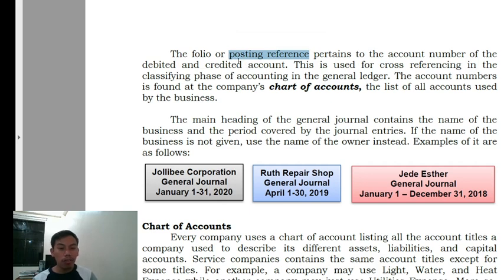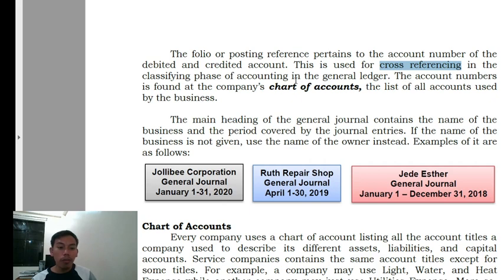Ang lalagay mo doon sa folio niya, 100. And this is used for cross-referencing in the classifying phase of accounting in the general ledger. So, makita mo kasi sa general ledger, yung bawat account, account number of each account title. So, you could cross-reference doon sa general journal natin.